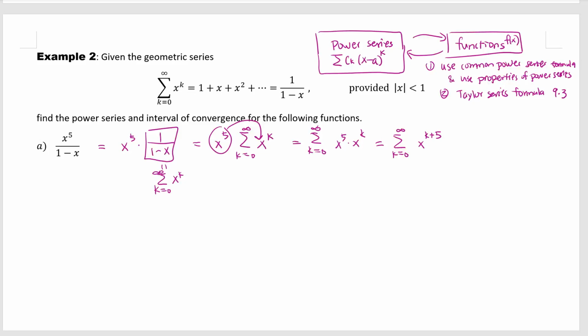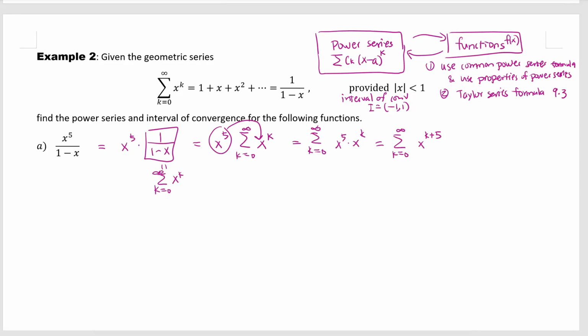Okay, so you can see here we have the center is 0 and then ck is all 1. Okay, so what we have been doing, we multiply the power series by powers of x. Will that change the interval of convergence? No. Okay, so we call the interval of convergence is -1 to 1.